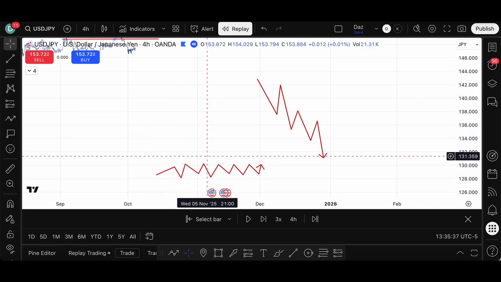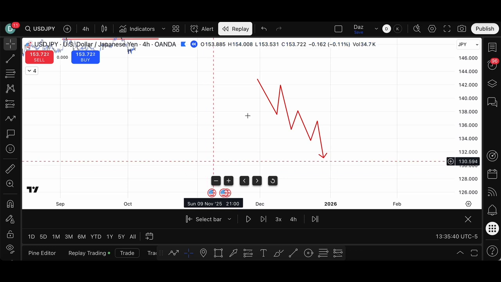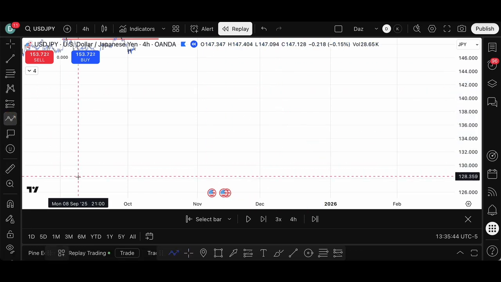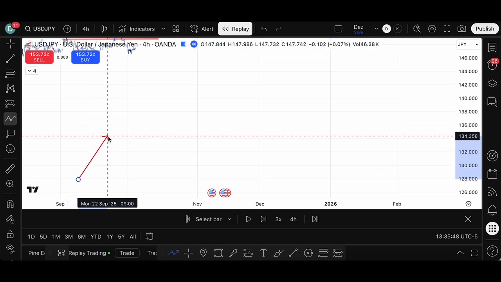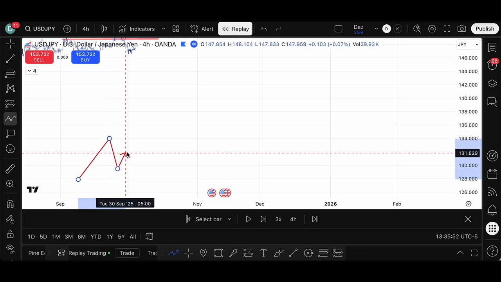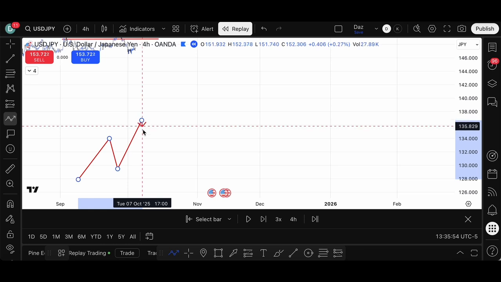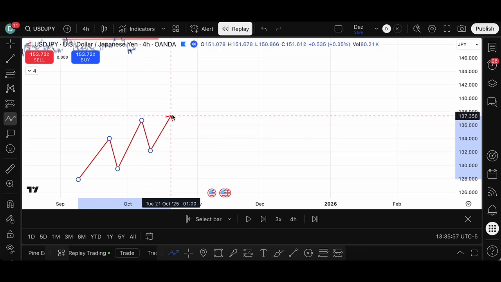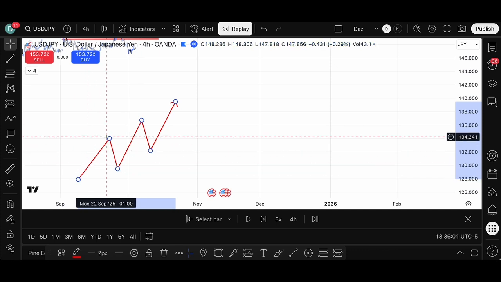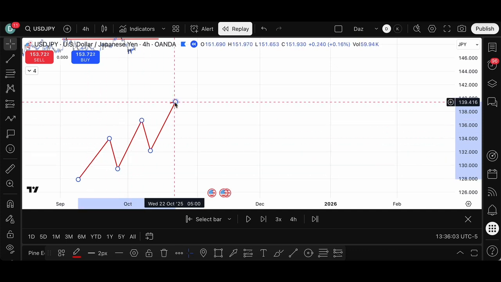To show breaker structure, what I'm going to do now is this: as the market's moving up, it creates new higher highs, higher lows, and then higher highs, higher lows, higher highs, which would then give you trending up.